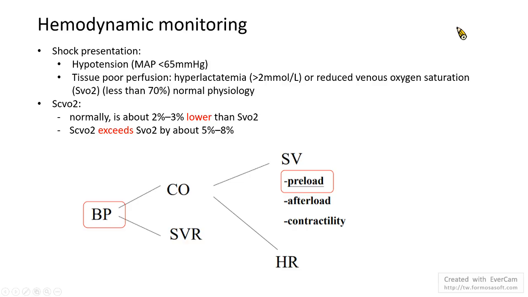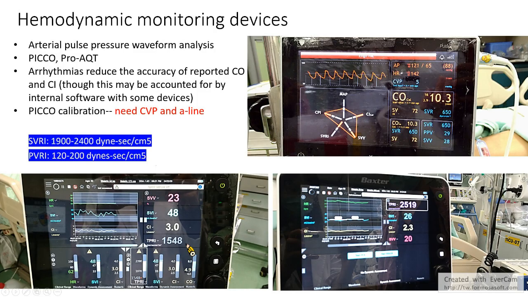So it is quite important to know about the stroke volume here. You can imagine it as the preload, and each stroke itself is in terms of the contractility of the heart, and there is also the systemic vascular resistance. It's just like the afterload of the blood. And here we look at the next slide on the hemodynamic monitoring device.